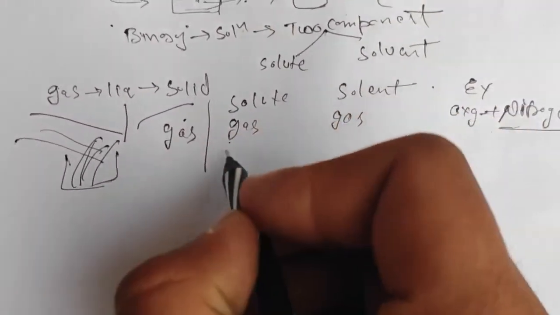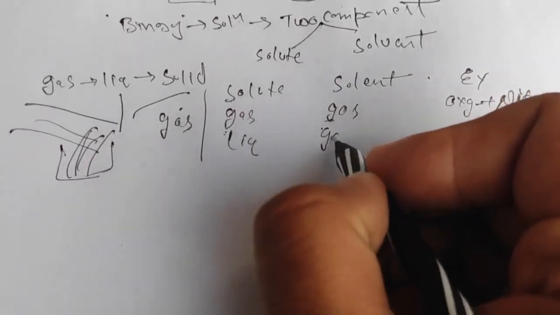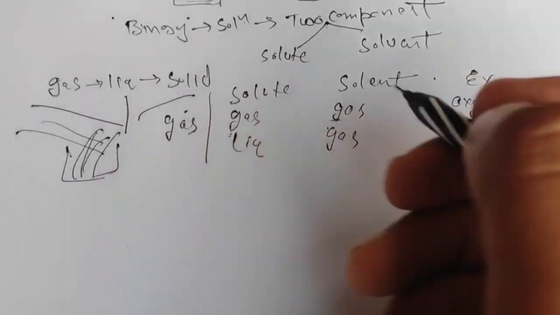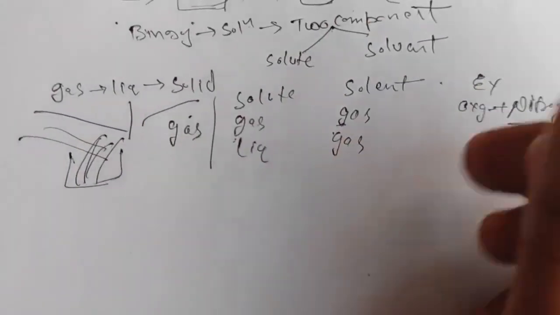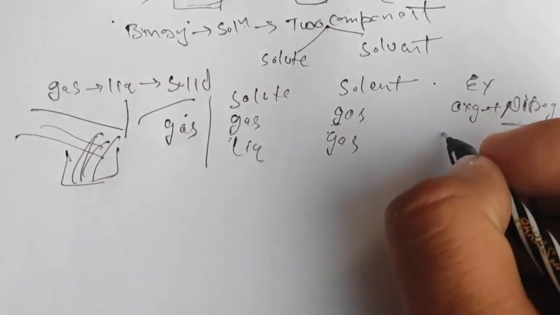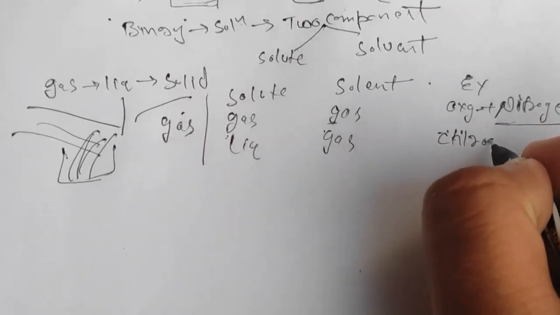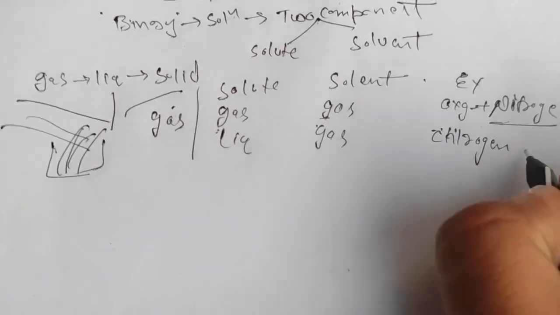Now, gas as solvent with a liquid solute: less amount of liquid and a large amount of gas. For example, the liquid is chloroform, which is also an example in NCERT.